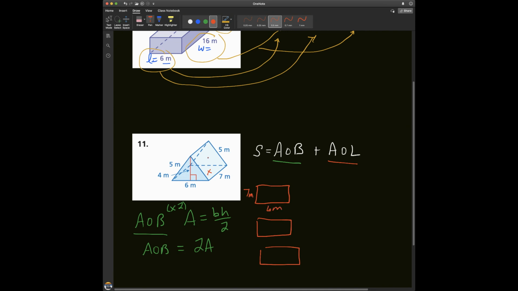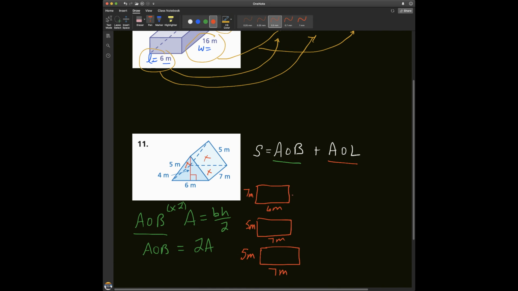And then for the face, the one that's leaning this way would be 5 meters by 7 meters. And then the rectangle that's in the back here, that one would be 5 meters by 7 meters.